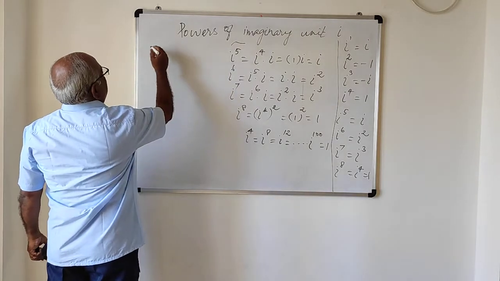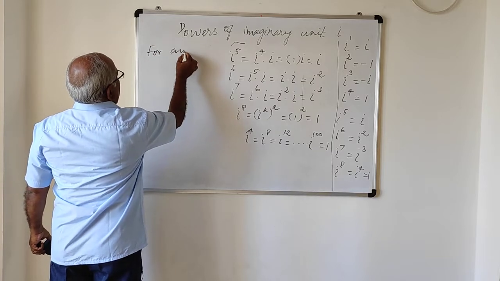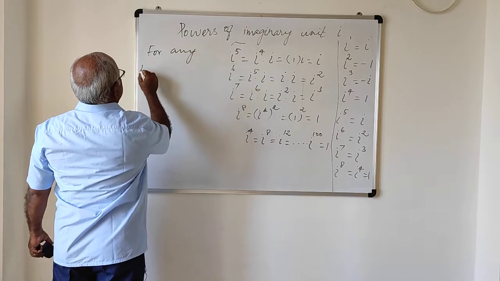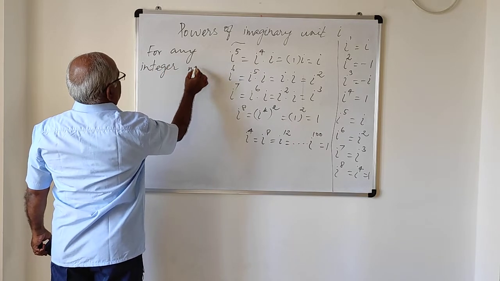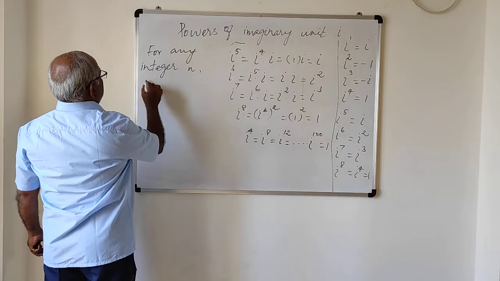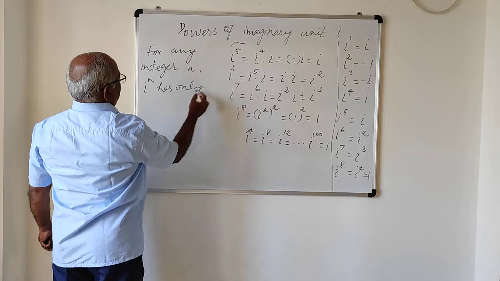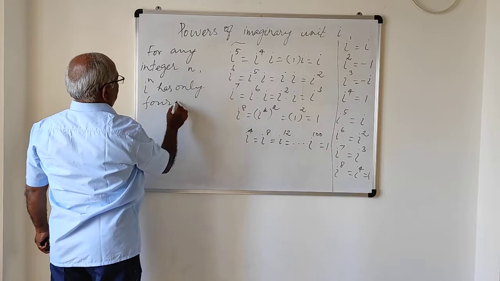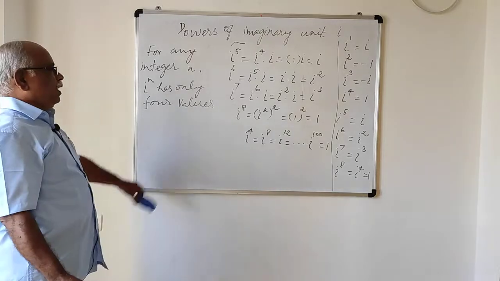From this, I can define that for any integer n, i power n has only 4 values.